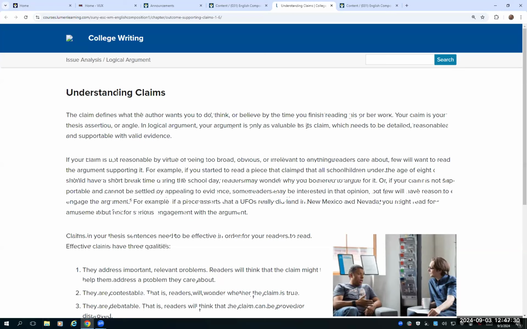And so we're going to start off on this sheet here. We need to understand what a claim is first. So on this sheet that I passed out, the very first sentence says, the claim defines what the author wants you to, and then we've got 3 blanks. And I want you to fill in those blanks. A claim is what the author wants you to do, think, or believe.